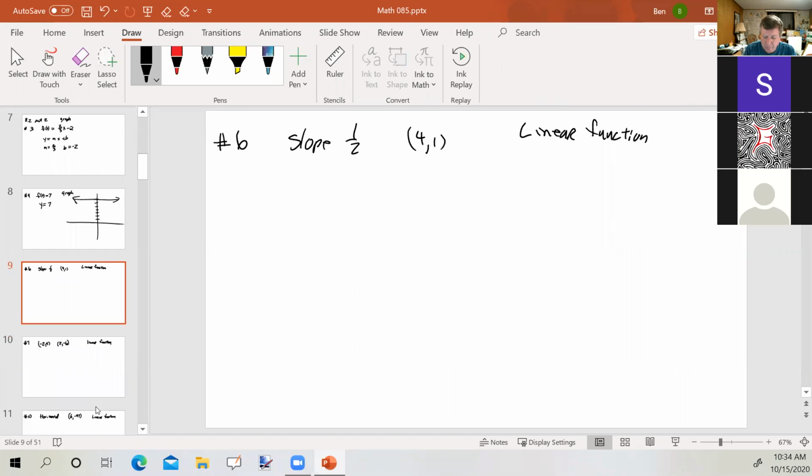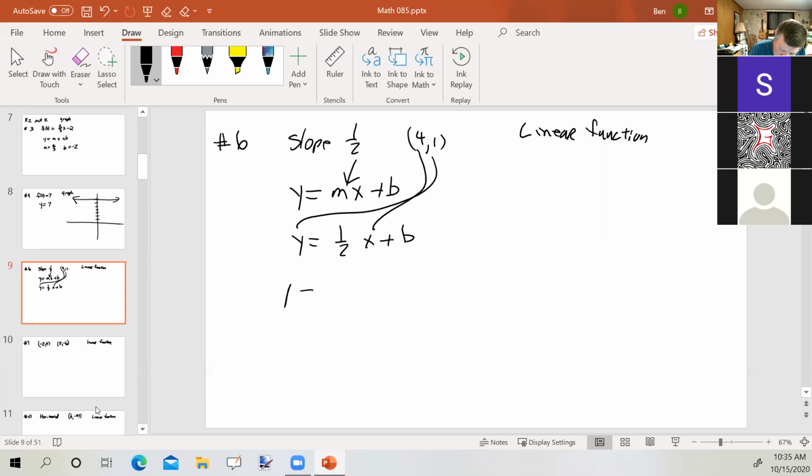This says we're supposed to come up with a linear function that has a slope of 1/2 and passes through the point (4, 1). So if we use y equals mx plus b, the slope is going to be 1/2. We're going to put 4 in for x and 1 in for y. 1 equals 1/2 times 4 plus b.